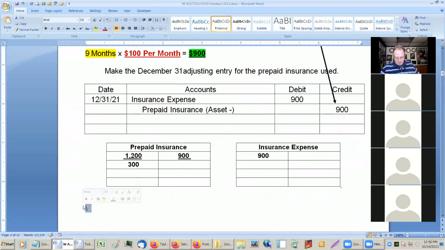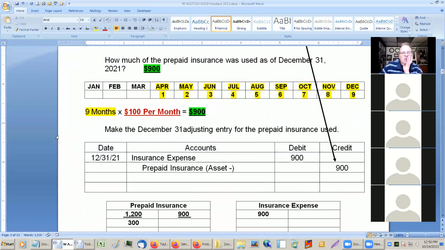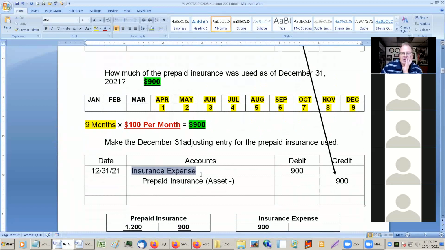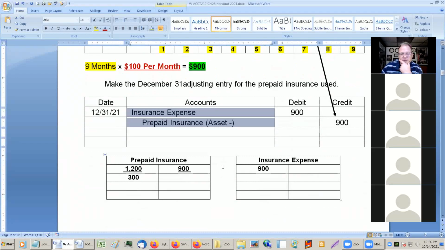So this is our first adjusting entry. And again, you'll notice that there's either an expense or revenue, in this case an expense, and no cash. And these would be the ending balances in those accounts.